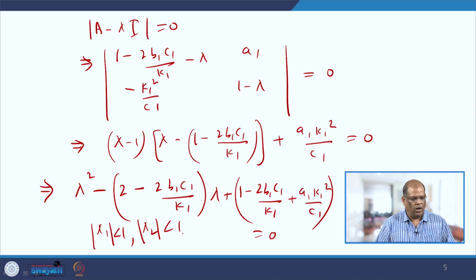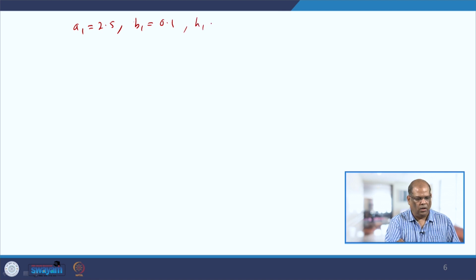Now let us look into this numerically. So we assign the values a1 equal to 2.5, b1 equal to 0.1, h1 equal to minus 1, c1 equal to 5, and k1 equal to 1.